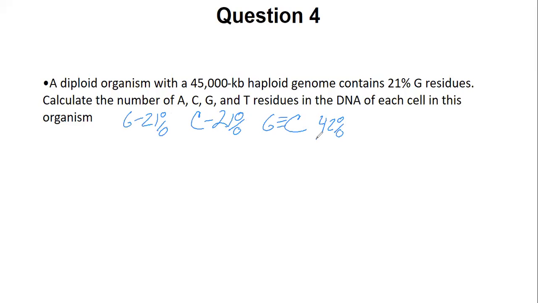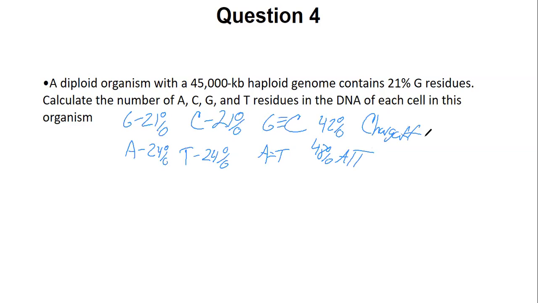Therefore, the other 48% must be A and T. And since the amount of A equals the amount of T, that means A is 24% and T is 24% as well. So that's how we can use Chargaff's rule to determine the relative percentages if given one.